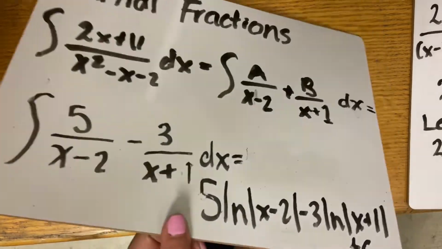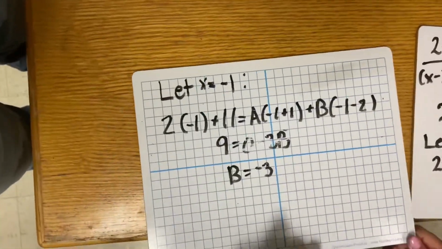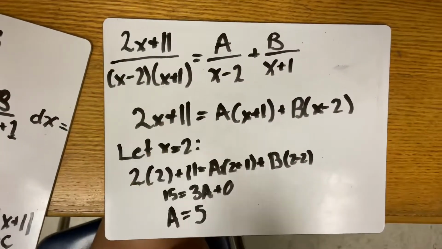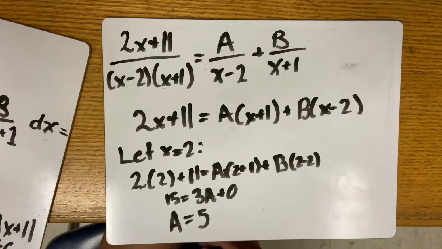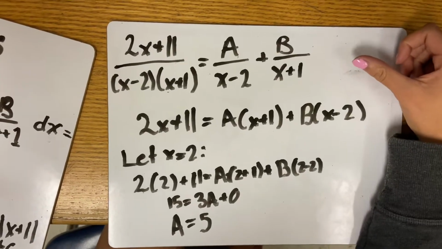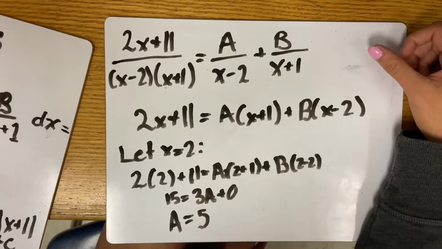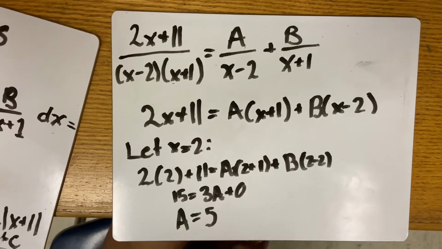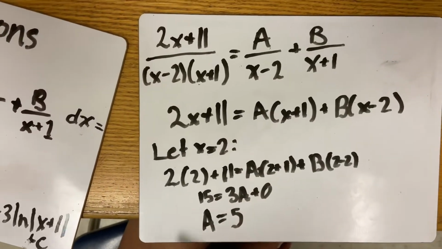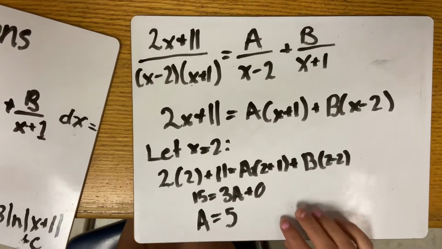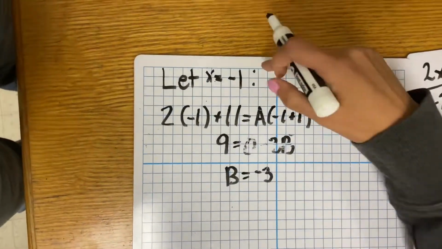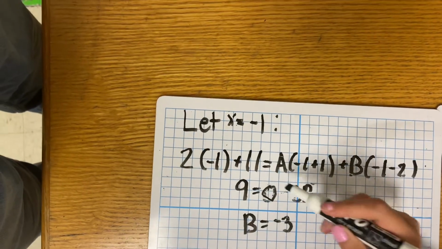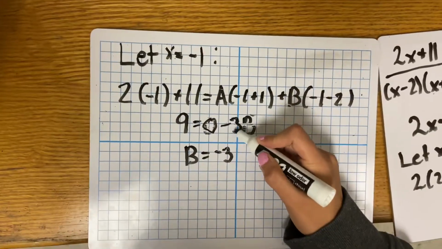The way we found that is by first factoring the bottom, which gives us x minus 2 times x plus 1. Then by using a over x minus 2 plus b over x plus 1, we can solve for that. First we solve for x equals 2, and we find that a is equal to 5. Then we set x to negative 1, and we find that b is actually negative 3.